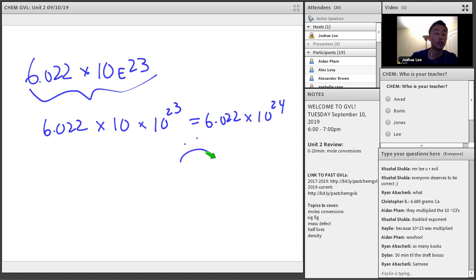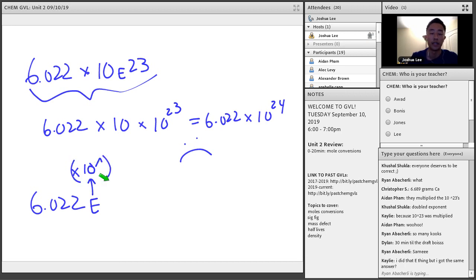So remember, when you do the 6.022, you don't need anything else because that E represents times 10 to the, and then the number you put after that is the exponent. Yeah, good. I just see some students make that mistake where they do the times 10 e to the 23rd. You don't need this extra 10 right there.